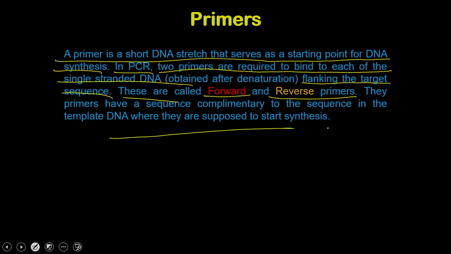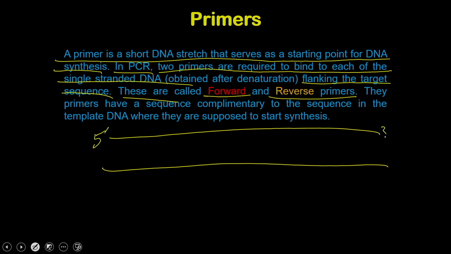If you have a gene, you know that it is always notated as 5 prime to 3 prime and 3 prime to 5 prime. The primer which is going to bind to this side, because DNA synthesis always occurs in the direction of 5 prime to 3 prime, will have its 5 prime end bind to the 3 prime end of the target gene, and that is how synthesis will continue in this direction.